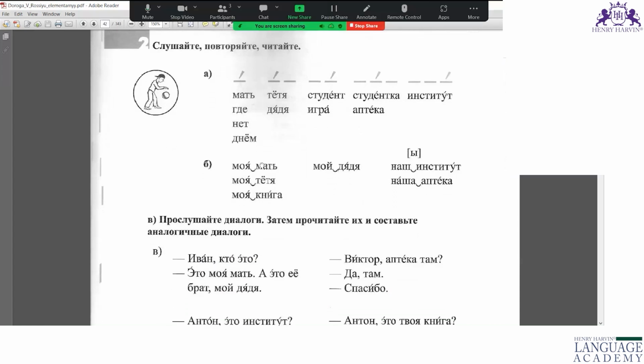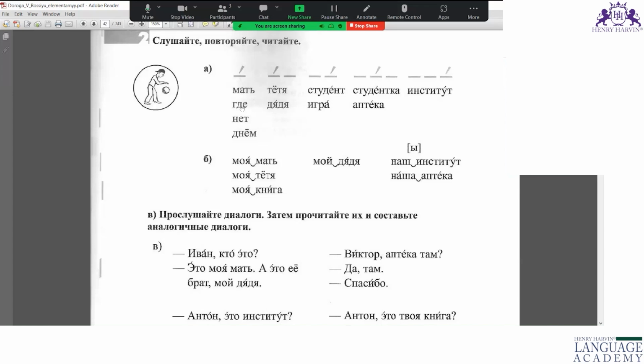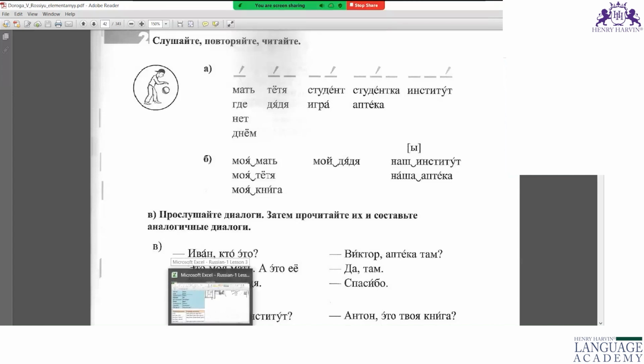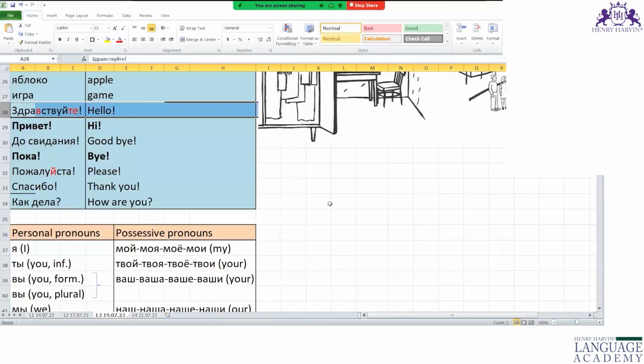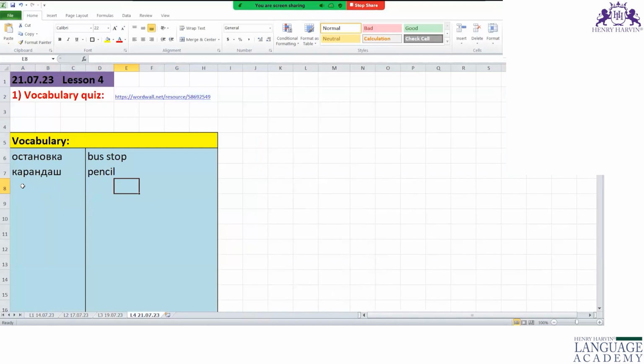These were not words. Okay, so here we have some new words. In the first lesson, we had the words mama and papa. Today we will have another word for mama. Mama is like mommy, how we call mother at home.